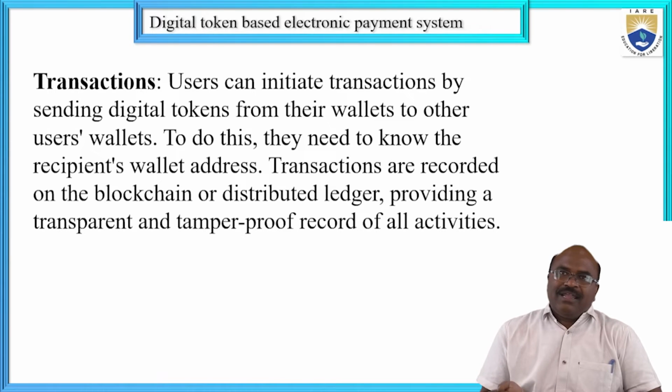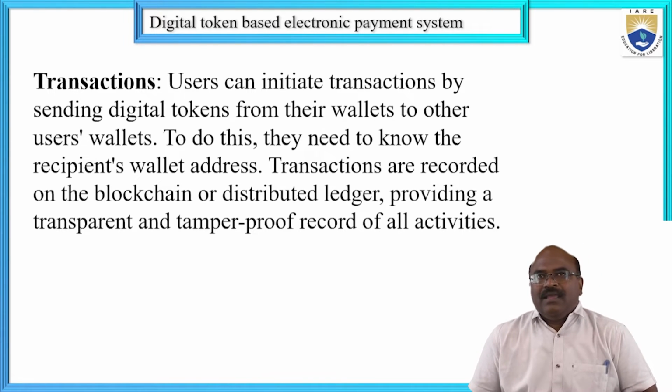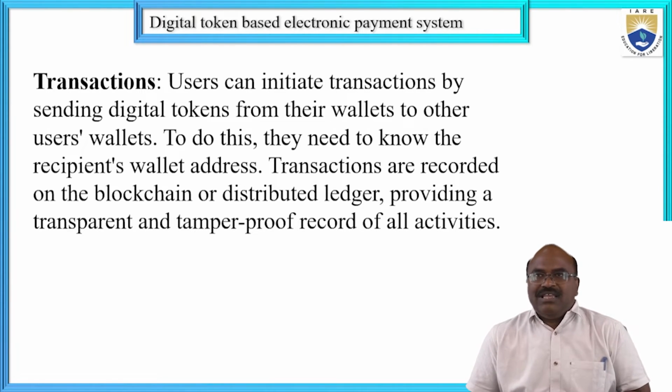Then you get sent back different types of acknowledgements, like an authenticated message: amount is received, amount is successfully reached. Such a type of message is going on. Here, the transaction is also one of the technical words in the e-commerce digital token based electronic payment system.